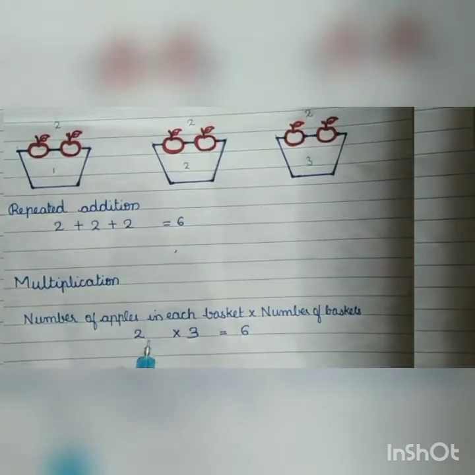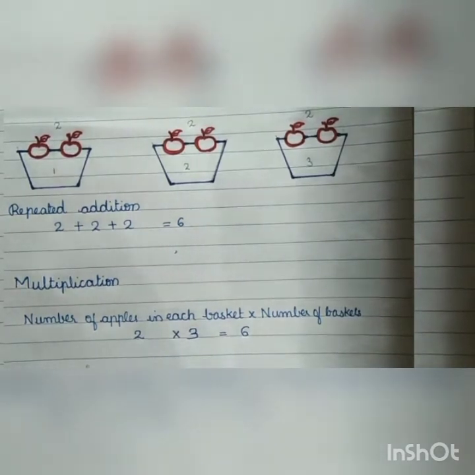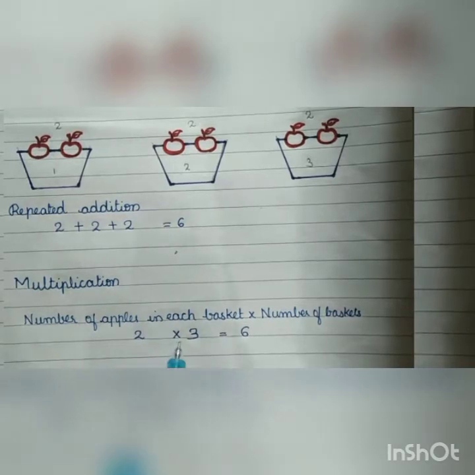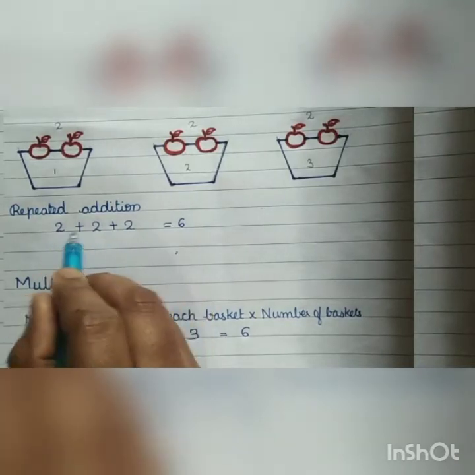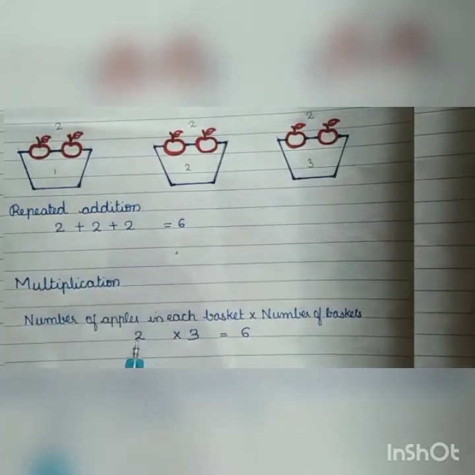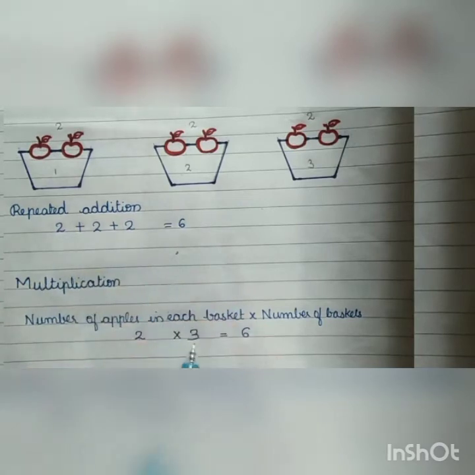So here we have found the total number of apples by multiplication. Here 2 into 3 means 2 is added how many times? Yes, 3 times. I repeat, 2 into 3 means the number 2 is added 3 times. And the answer is 6.